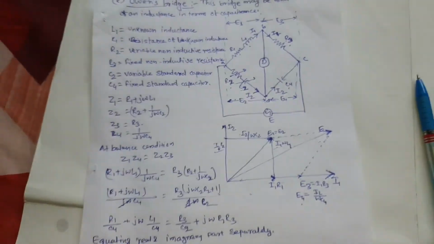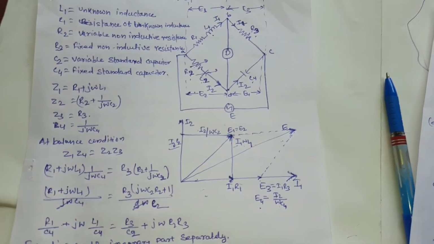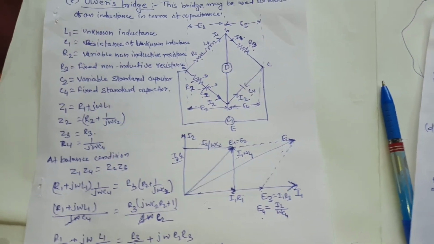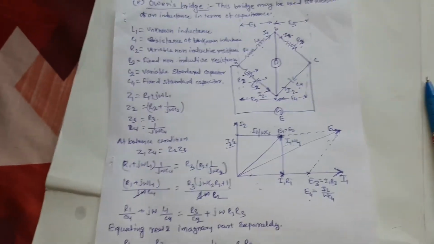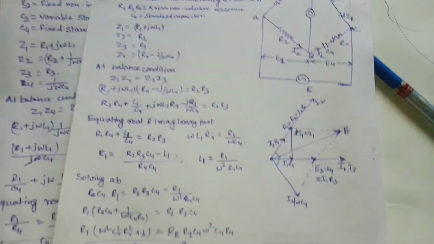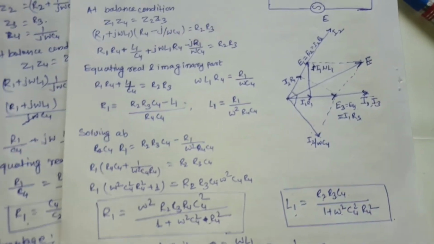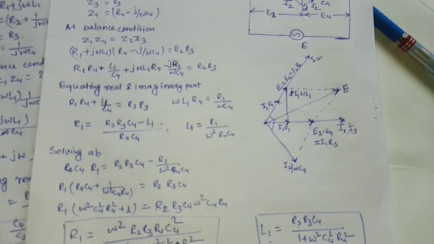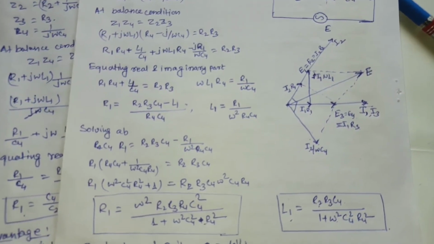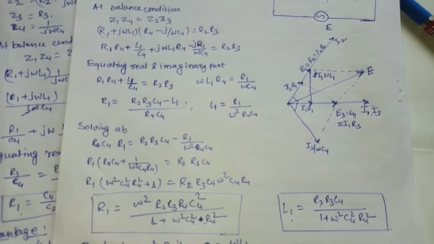The Anderson bridge is useful for the measurement of low quality factor. The Hay bridge is useful for the measurement of high quality factor inductance, and the Anderson bridge is useful for the measurement of low quality factor, low inductance.